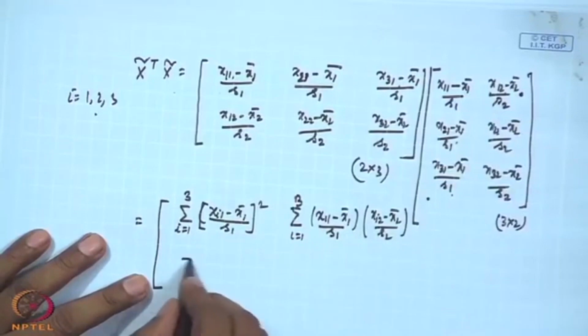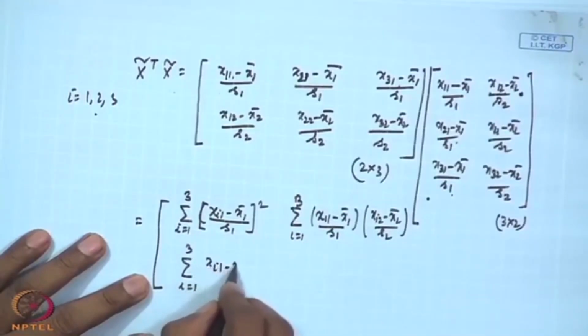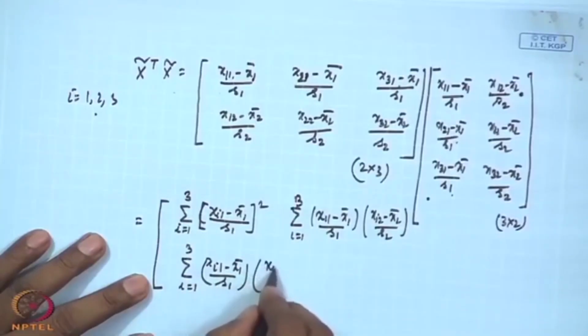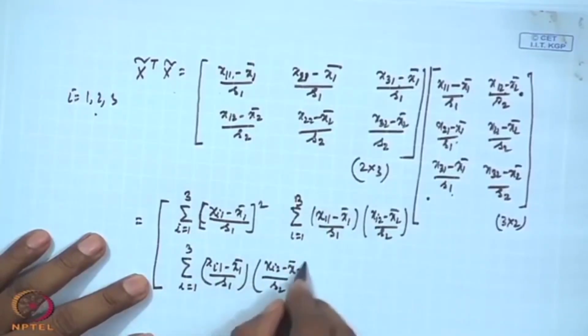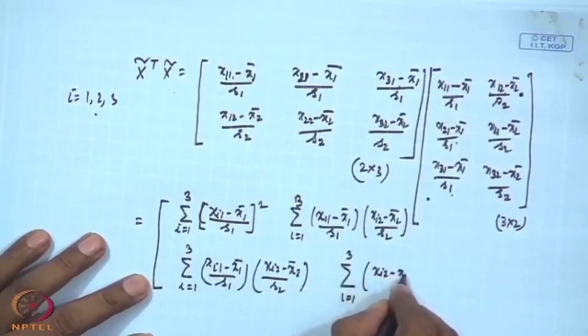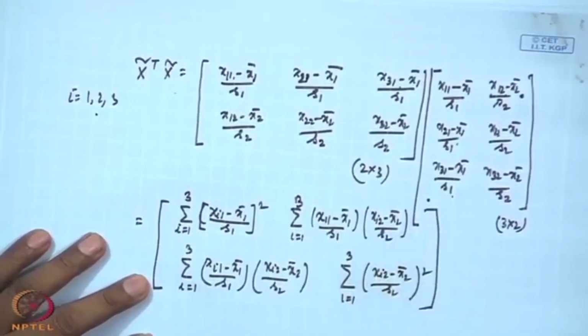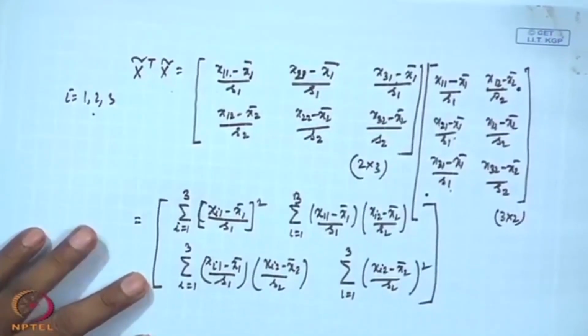The same quantity you will be getting here, sum over i equal to 1, 2, 3 of x i1 minus x1 bar by s1 and x i2 minus x2 bar by s2. Here you will be getting a square term, sum over i equal to 1, 2, 3 of x i2 minus x2 bar by s2. Are you getting any similarity here? Any clue?